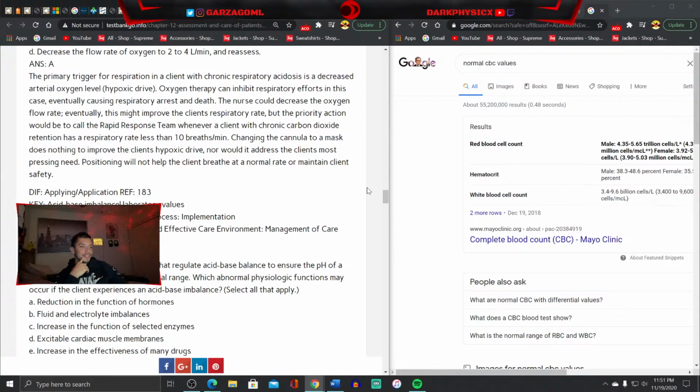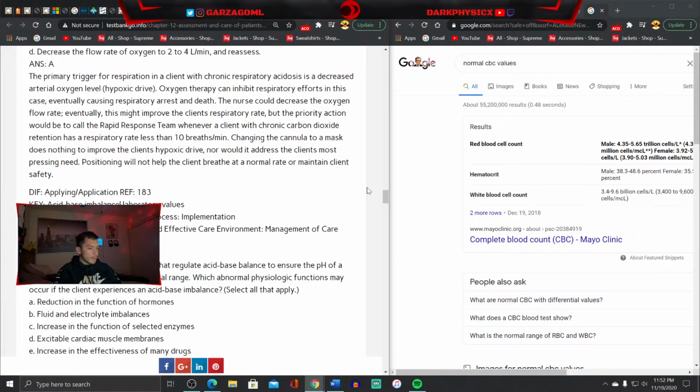Alright, let's find the interventions to regulate acid-base balance to ensure that the pH of a client's blood remains within normal range. Which abnormal physiologic functions may occur if the client experiences an acid-base imbalance? Reduction of function of hormones, blood or fluid and electrolyte imbalances, for sure.